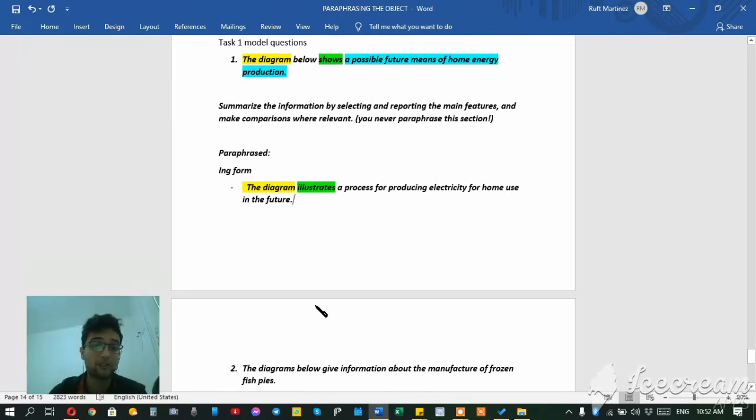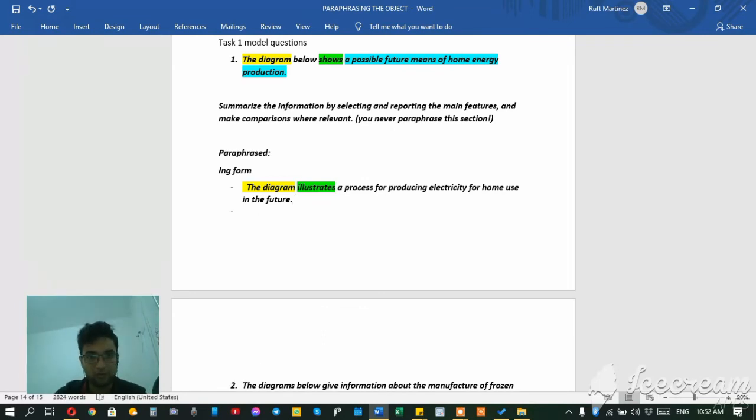Also, let's think about whether we can write it with a WH clause. Yes, we can write a WH clause. Check this out. The diagram. WH clauses are mostly used in process diagrams.